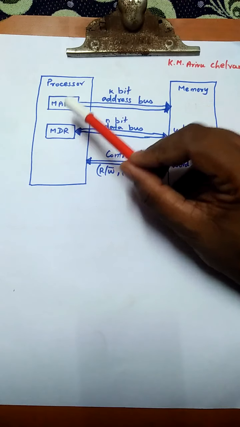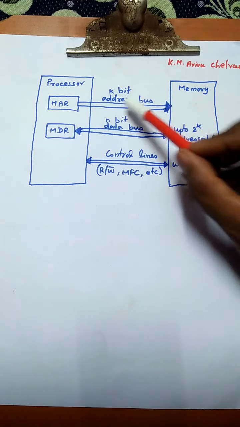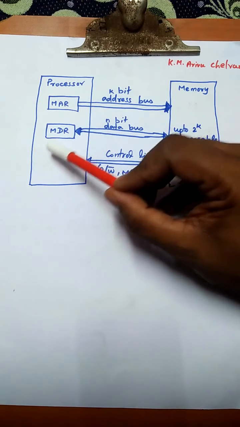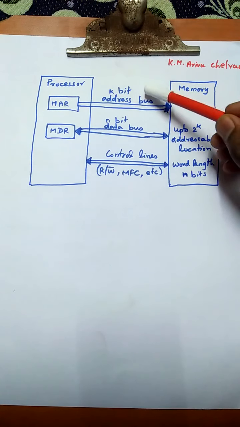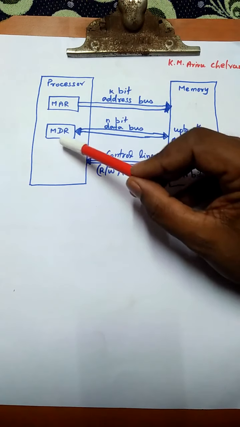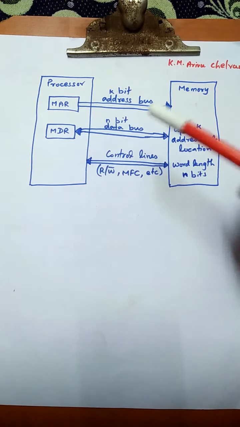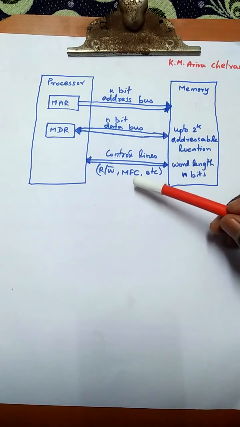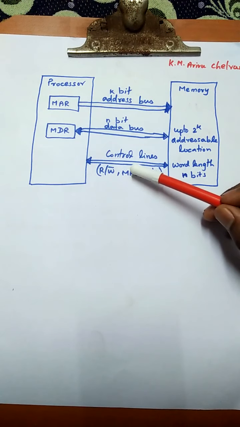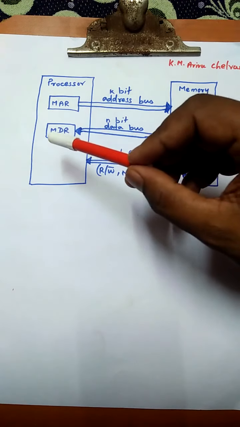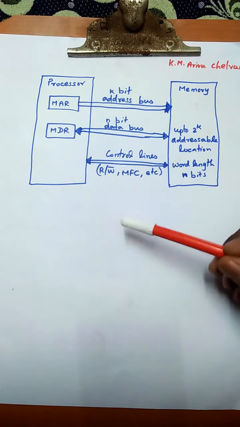MAR is connected with the address bus and MDR is connected with the data bus. The address bus is unidirectional, the data bus is bidirectional. We have control lines, which are responsible for the data transfer between processor and memory.